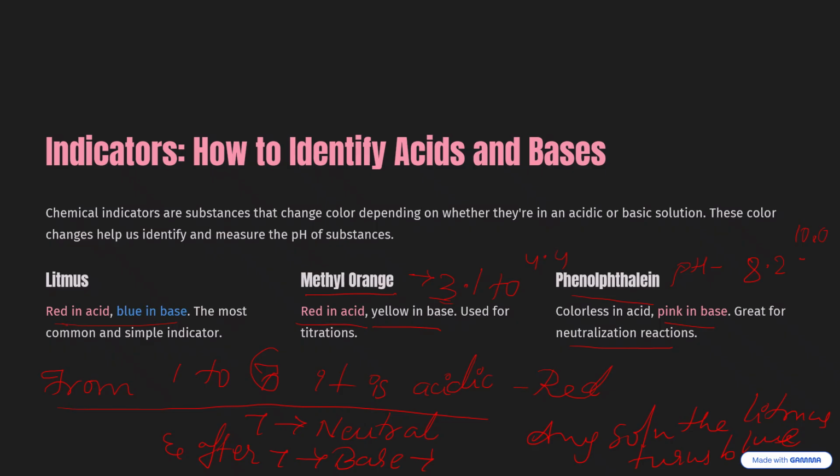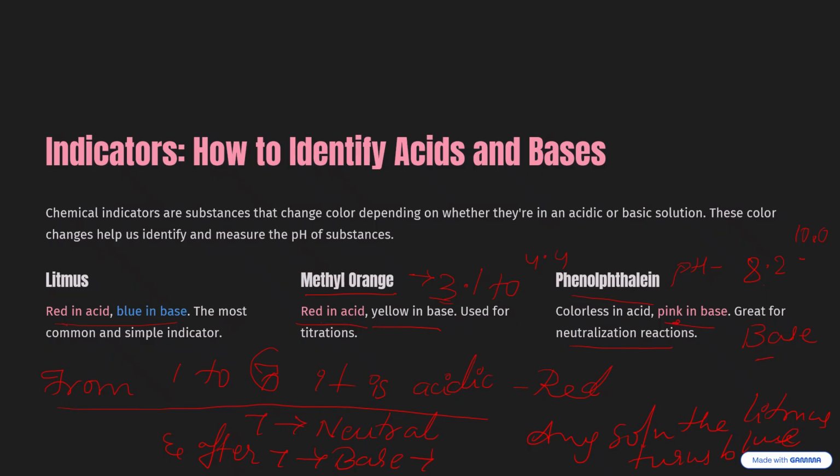That means it's a base indicator, and the color is pink. Methyl orange is red in acid and yellow in base. But phenolphthalein is colorless in acid, that is no color, and pink in base, because its pH range is from 8.2 to 10.0.